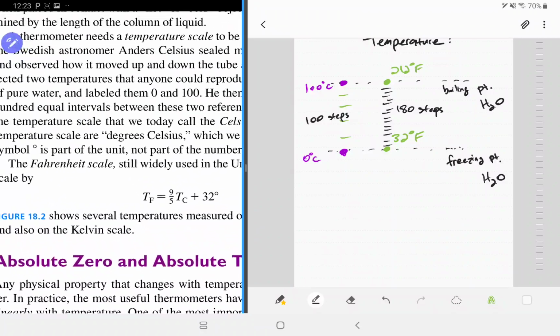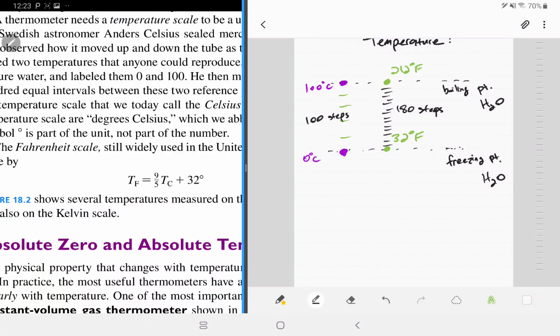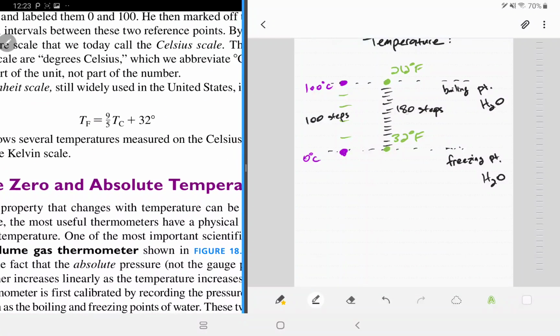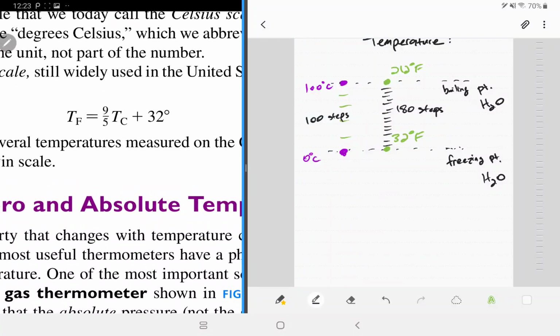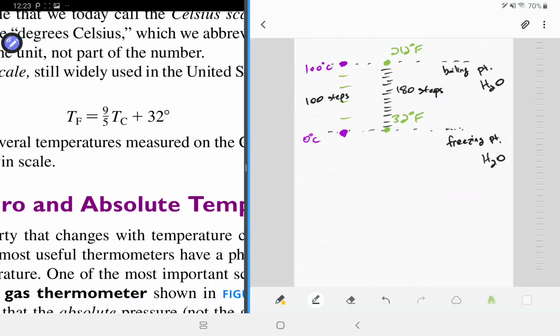And the relationship between the two: because this is 100 steps and 180 steps, the ratio is 180 over 100, or 18 over 10, or 9/5. That's exactly where this factor of 9/5 comes from. If we want to relate these two temperature scales, I have some number here, the temperature in degrees Celsius, and we want to write what that is in terms of degrees Fahrenheit.